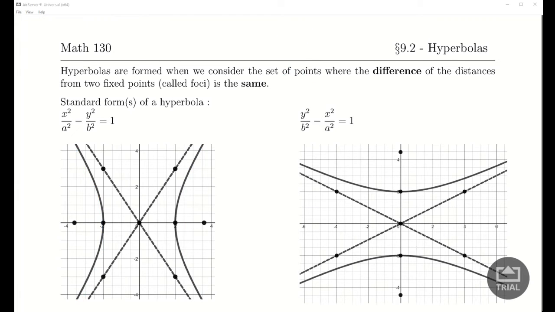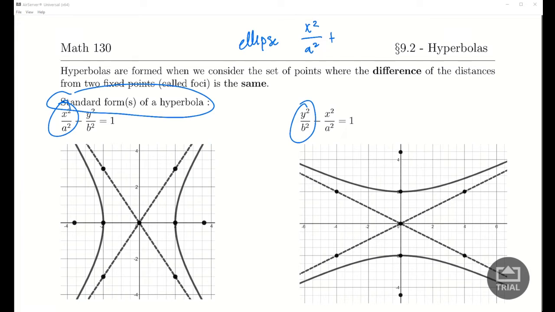So the first thing that we're going to talk about is the fact that for this standard form, there are now two of them. One has x first, one has y first. The difference between a hyperbola and an ellipse in their standard forms, remember, an ellipse looks like x squared over a squared plus y squared over b squared equals 1.